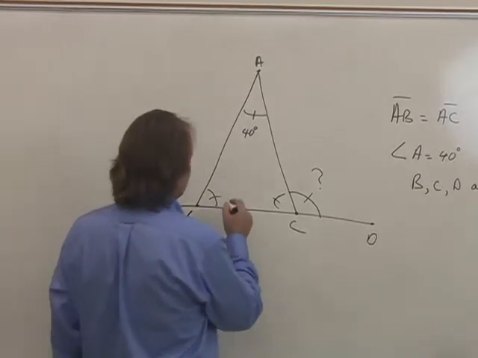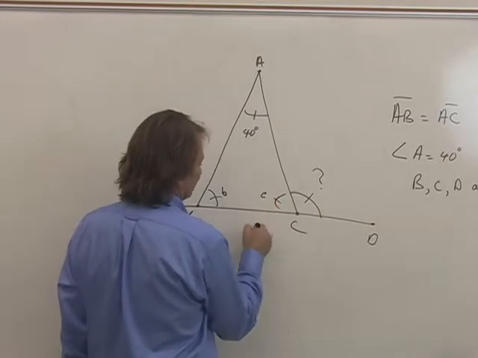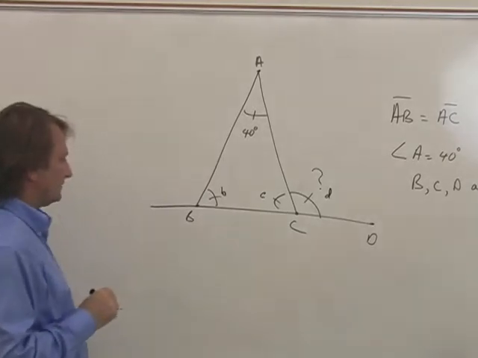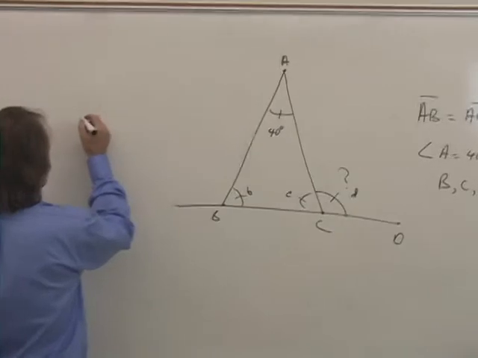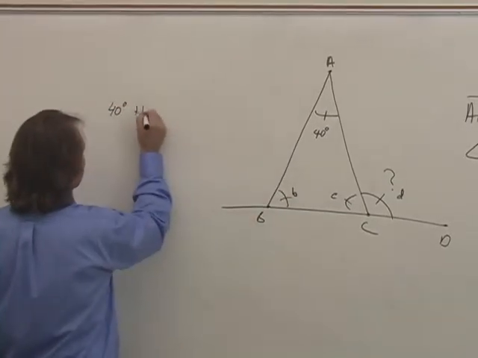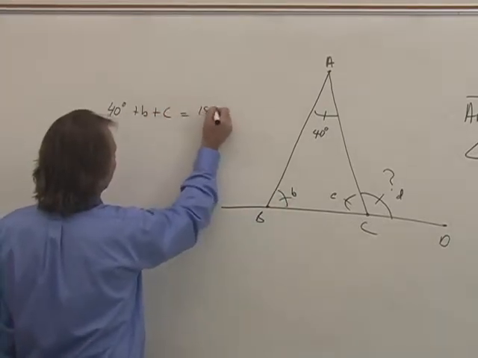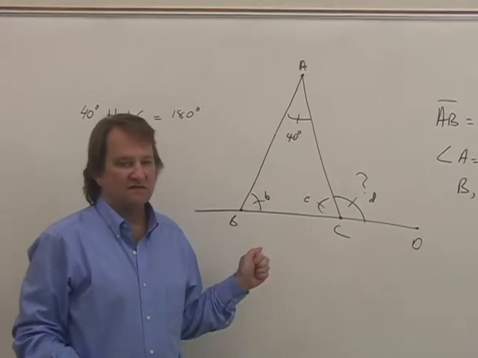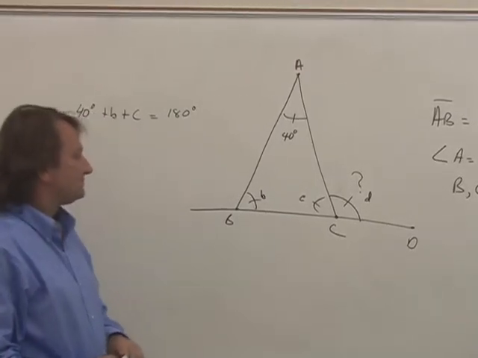Well, we can call this angle B, little b, and we can call this angle little c, and we can call this angle little d for the points that they're close to. We know that 40 degrees that's given plus angle B plus angle C have to add up to 180 degrees because the interior angles of a triangle must add up to 180 degrees.